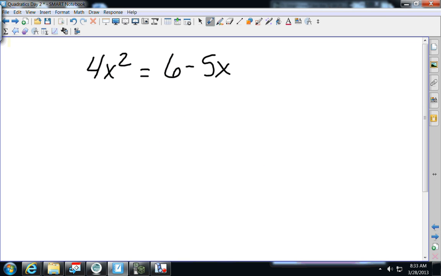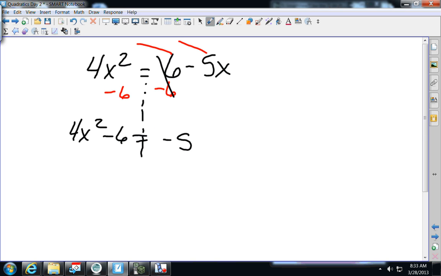Yep. Okay, now, again, it's got to be in standard form, and the 4x squared needs to be positive. So we're going to be moving over the 6 and the negative 5. But I have to subtract 6 from each side. I get 4x squared minus 6 equals negative 5. Remember, because that cancels out. Then I add 5 to each side.